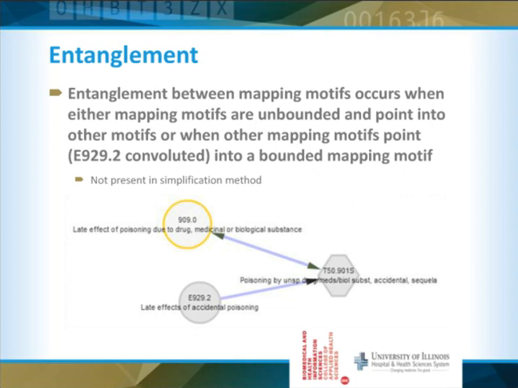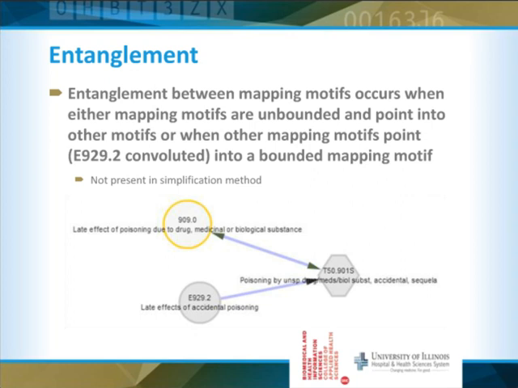So this is a simplification method. We said 36% of the ICD-9 CM codes are convoluted. With all the secondary codes, we only looked if they pointed to the primary ICD-10 code. For the secondary code that we mentioned, we never looked if anything else was pointing to it.